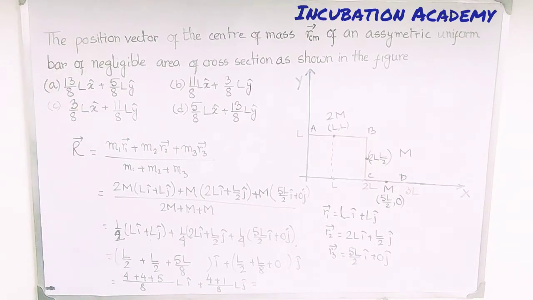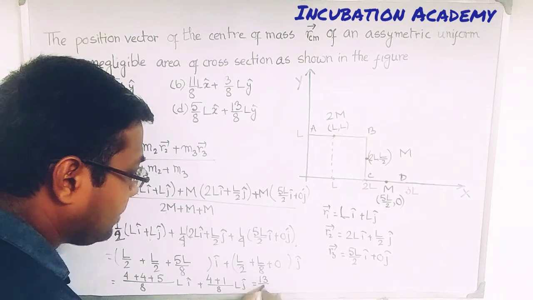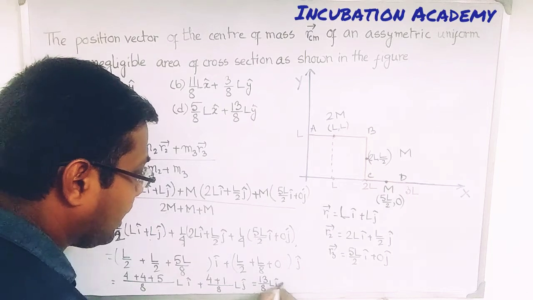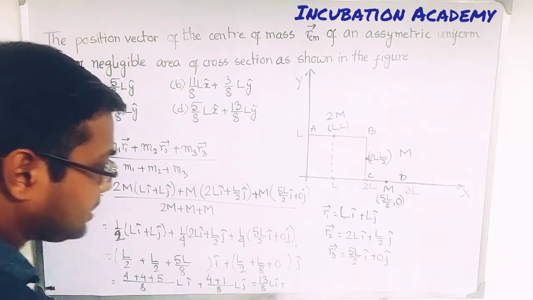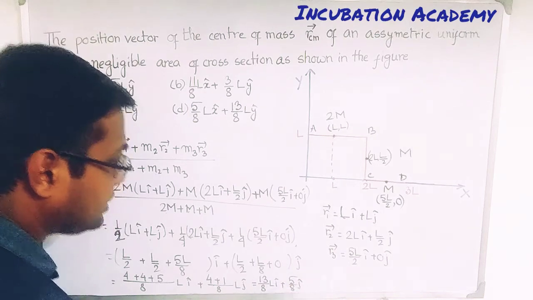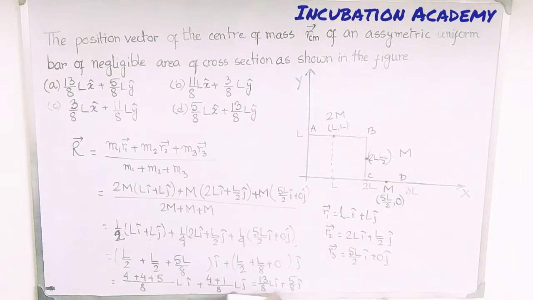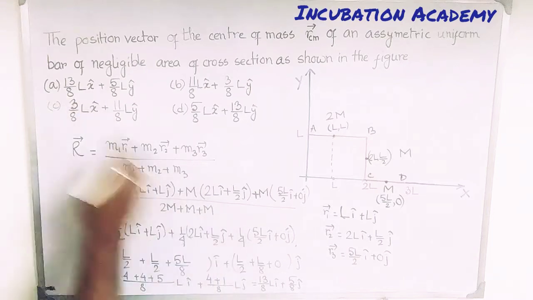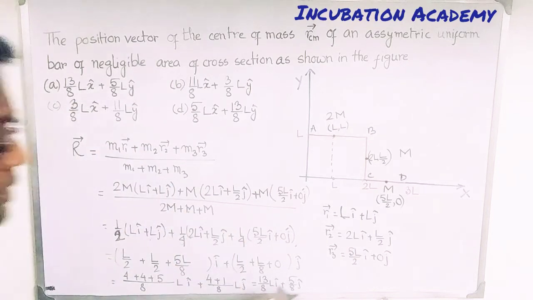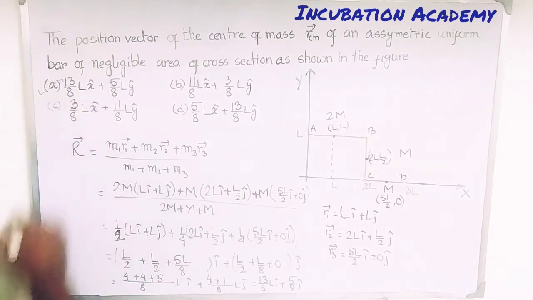So 4 plus 4 is 8, 8 plus 5 is 13, so it will be 13 by 8 L i cap. 4 plus 1 is 5, so 5 divided by 8 L j cap. So here it is represented as x cap. So the first option is correct, because 13 by 8 L x cap, the unit vector along the x axis, and 5 by 8 L y cap, the unit vector along the y axis. So option A is the correct option.